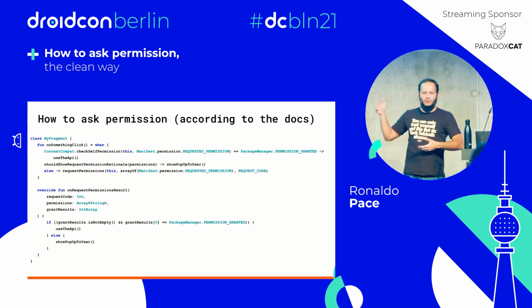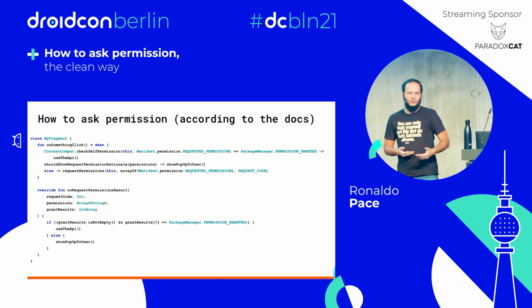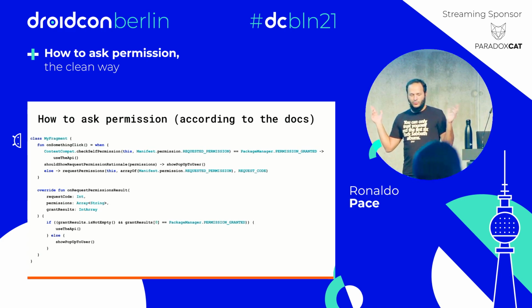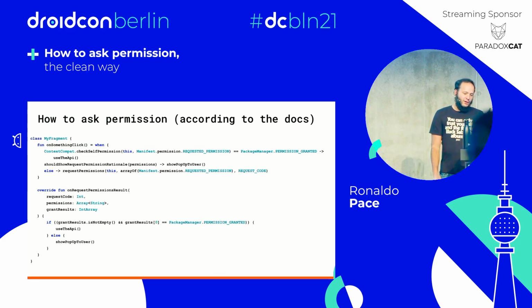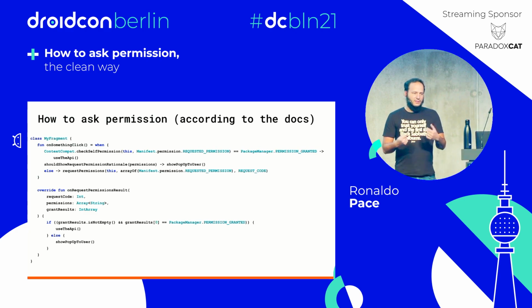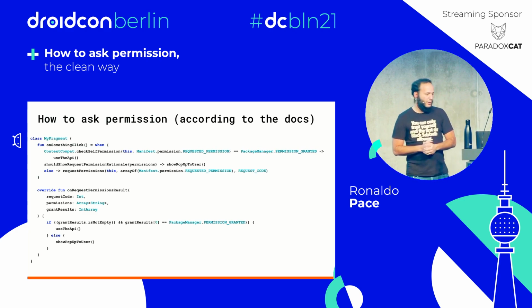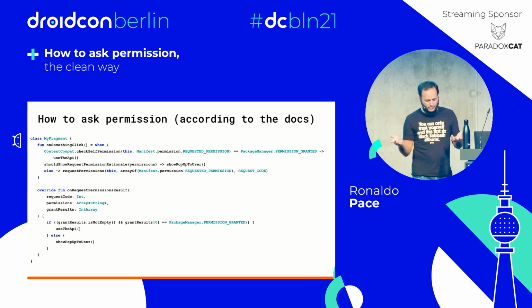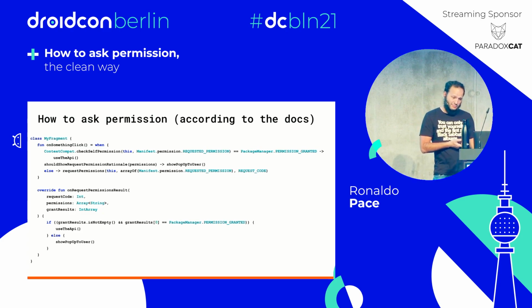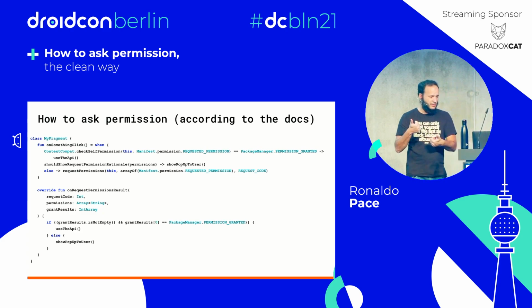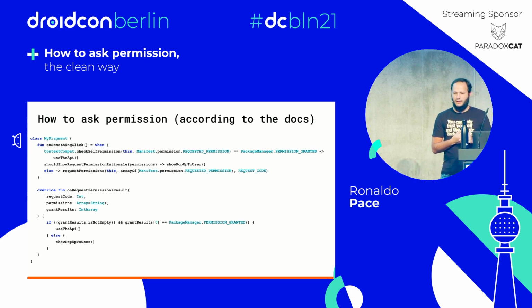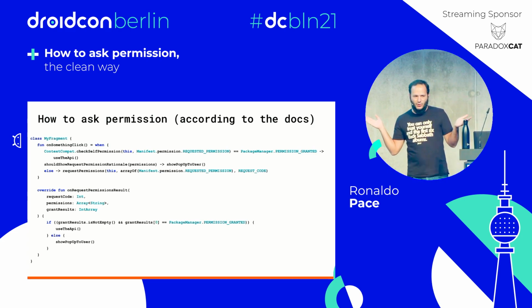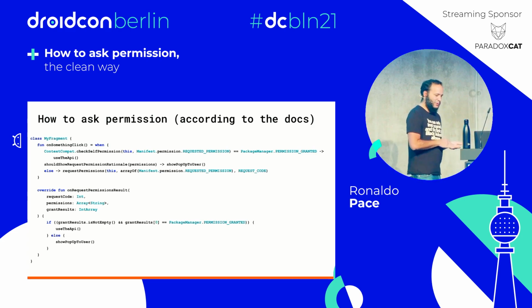You make a pretty pop-up, saying we really need to know if you're at home or at work, for example. Or else you can just request a permission. There's a nice system pop-up for that. And after the system pop-up, you have the callback for the result. You can check again: do I have permission? Yes, granted, I can use the API. Else, I'm going to tell the user, I'm sorry, I really need to know where you are now, because I'm creepy like that.